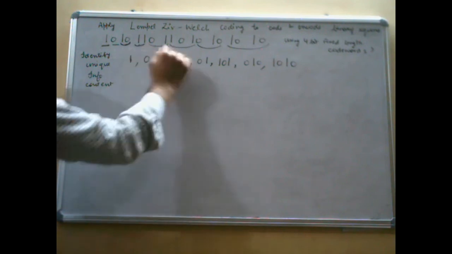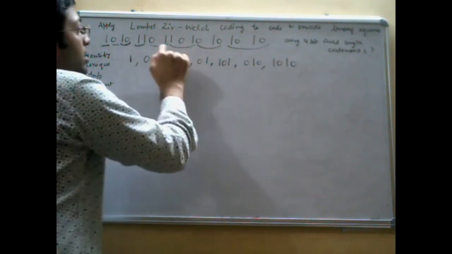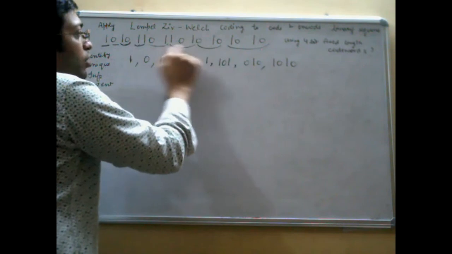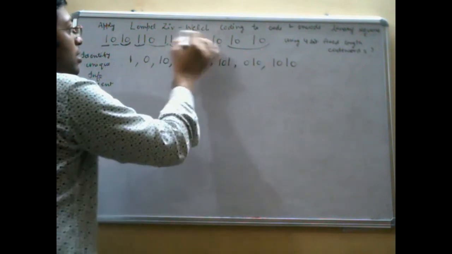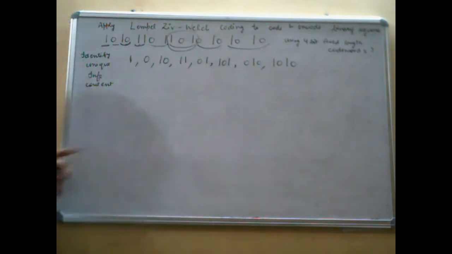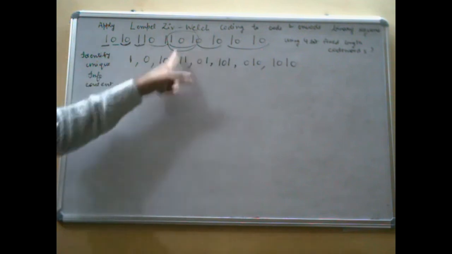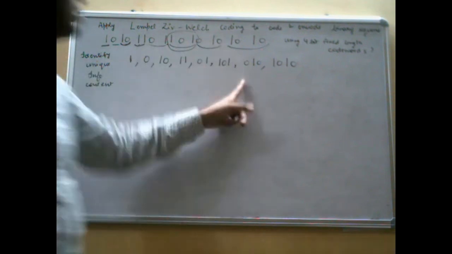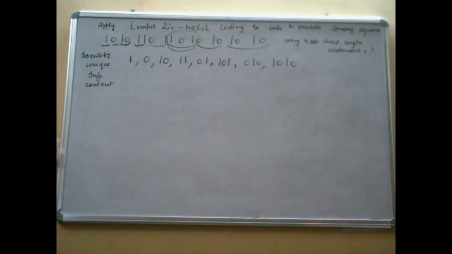Then 1 1, 0 1. Then 1 0 1, 0 1 0 and 1 0 1 0. Okay, I hope you are clear with this concept. First step. Just note it down.